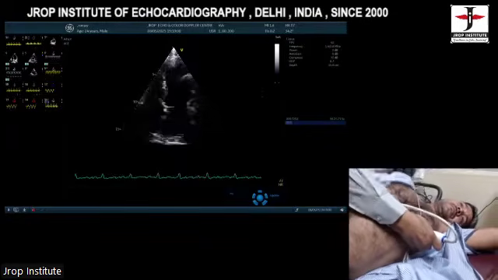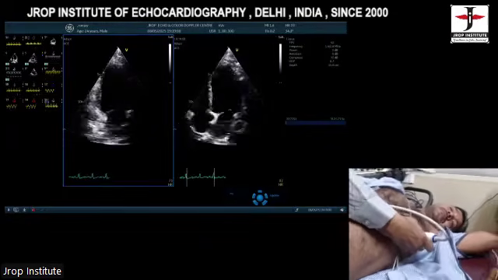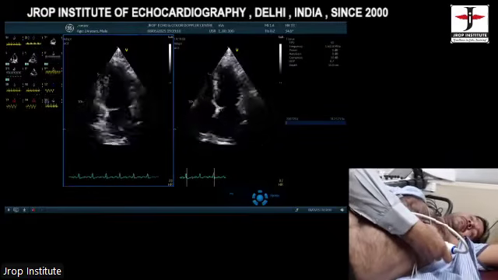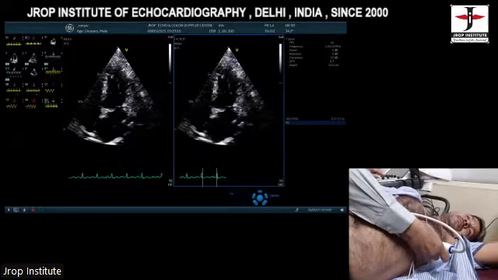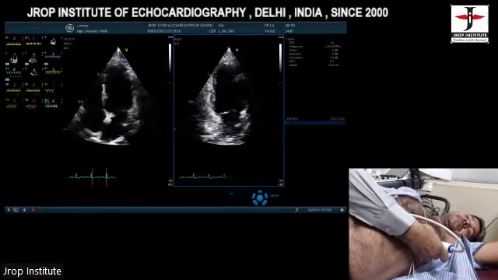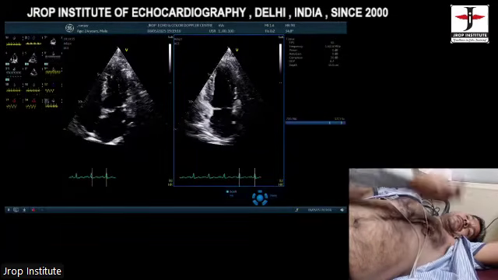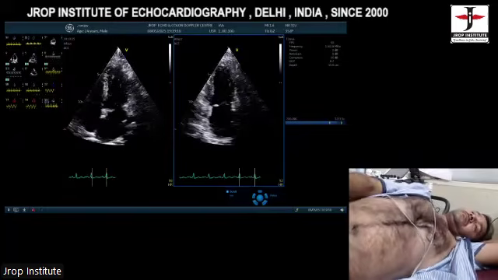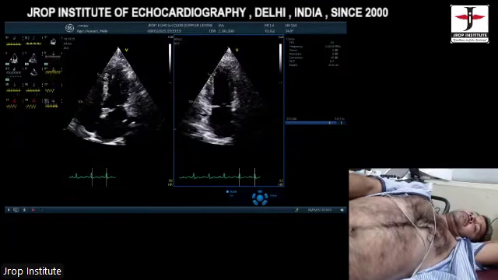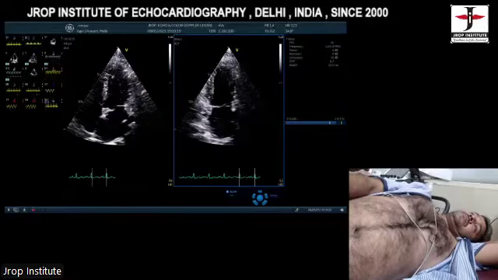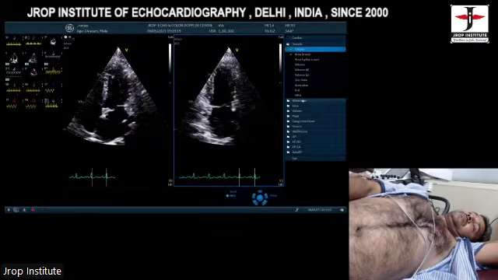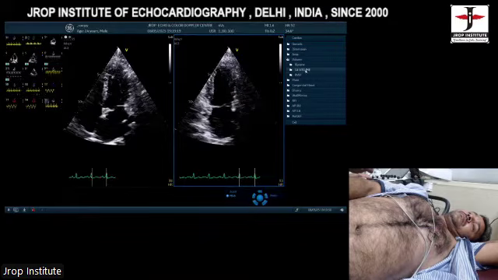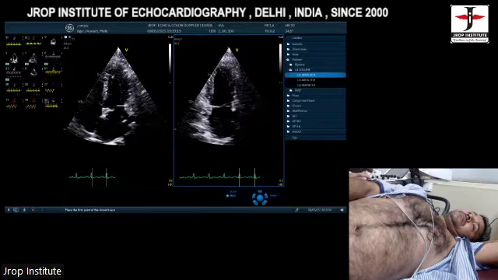I'm going to measure the LA volume index in 4-chamber and 2-chamber view. This is 4-chamber view, and then I'll move on to 2-chamber view. Now maximum LA size and diastole. I'm going to go to generic, then volume, then LA volumes, so I'm going to measure my LA volumes.